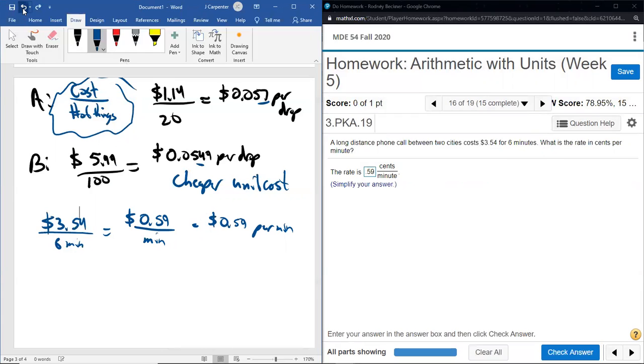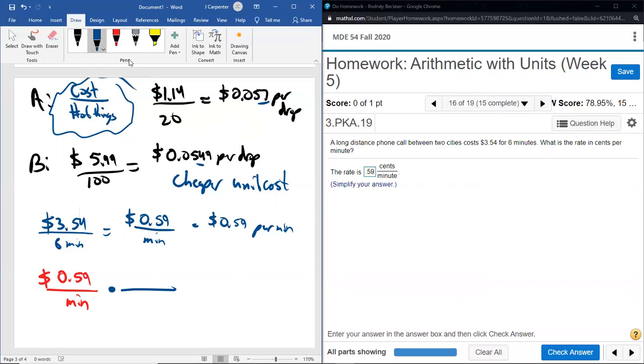Now, this is a pretty easy one for most people. They'll go, oh, well, that's 59 cents very clearly. But let's practice our unit conversions. So what we have here is, and they say to do it first, but you can do it second. There's absolutely nothing wrong with doing it second. So we have dollars per minute. So we're going to multiply by a fraction, out with the old, in with the new.